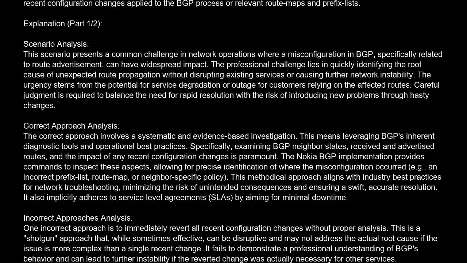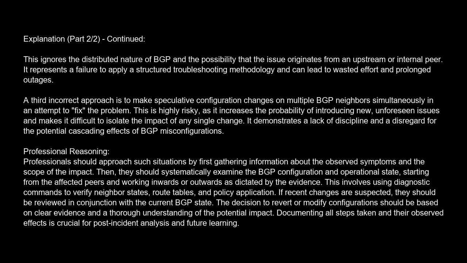Another incorrect approach is to focus solely on the symptoms observed at the edge of the network, without tracing the BGP path and policies. This ignores the distributed nature of BGP and the possibility that the issue originates from an upstream or internal peer. It represents a failure to apply a structured troubleshooting methodology and can lead to wasted effort and prolonged outages.